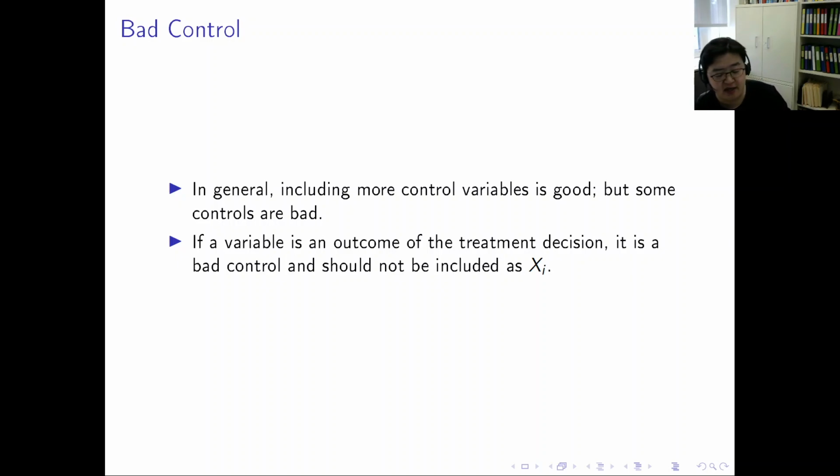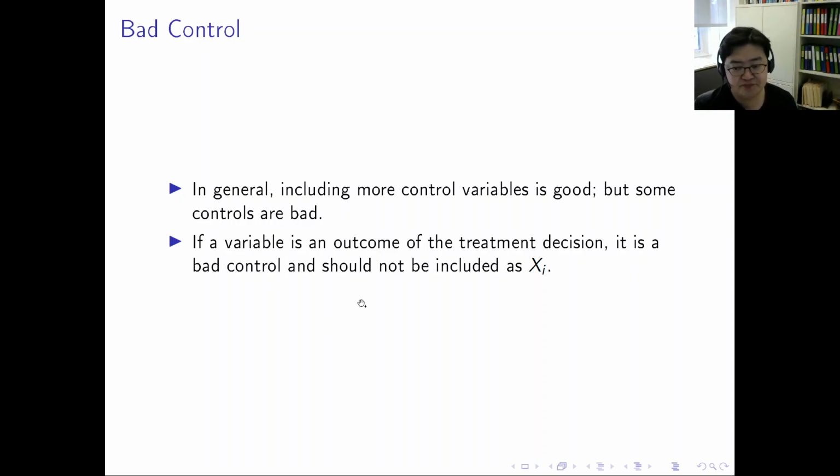Simply speaking, earlier I said a control variable is a determinant of your decision. But if a control variable is an outcome of your decision, that's the problem. You should not use that as a control. I recommend you to use a variable that is a determinant, not an outcome of the treatment decision.